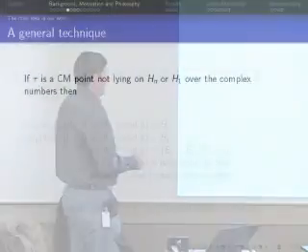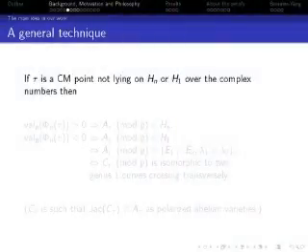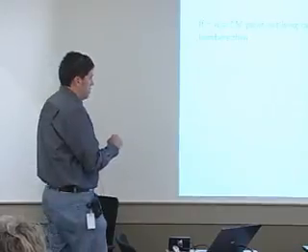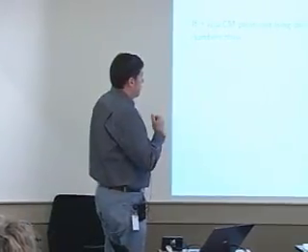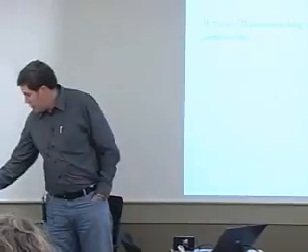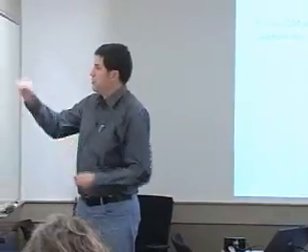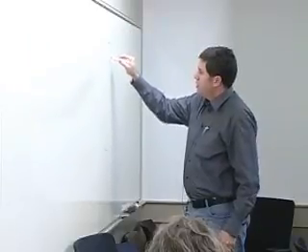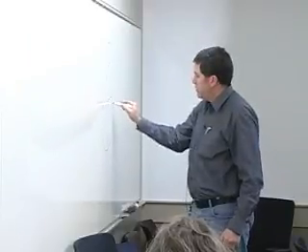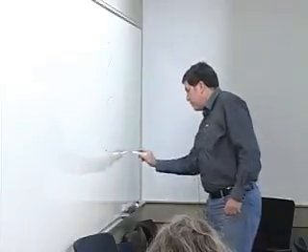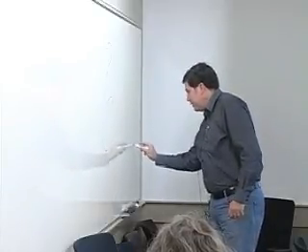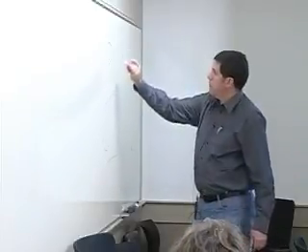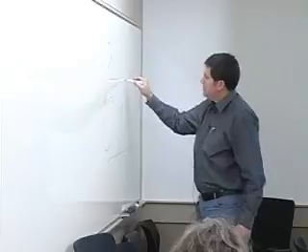So the main point is, if we have a CM point on A2, on the Siegel space parameterizing Abelian surfaces, and suppose that this point does not lie on Hn or H1, you make a picture. Here we have A2, here we have, say, Hn, here we have H1. But we can think about everything as happening over Spec Z, and you should think about them as existing in every characteristic.